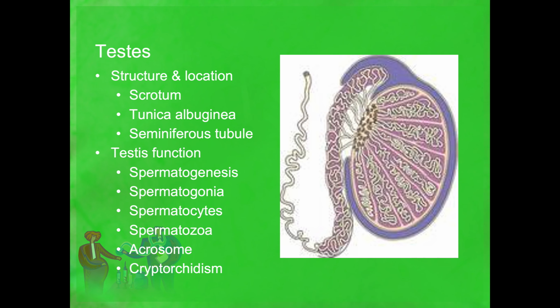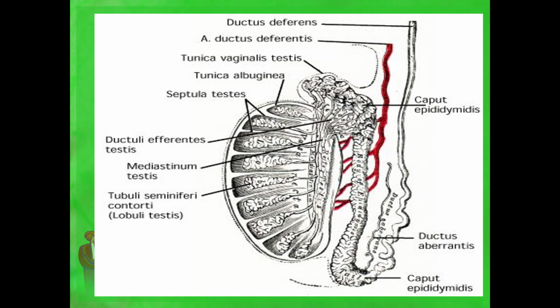Now, just because the male has cryptorchidism and the testis is located a little further in the body, yes, it's warmer. That doesn't mean they can't have kids. It makes it a little more difficult, but it doesn't mean it doesn't happen, because there are many men who have cryptorchidism and ultimately have children.